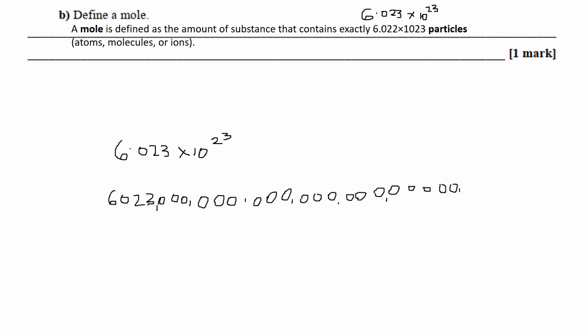All right, so in this case, how many zeros do we have? Let's just check. We have 1, 2, 3, 4, 5, 6, 7, 21 zeros. 1, 2, 3, 4, 5, 6. Okay, I think I should add another zero at the end.